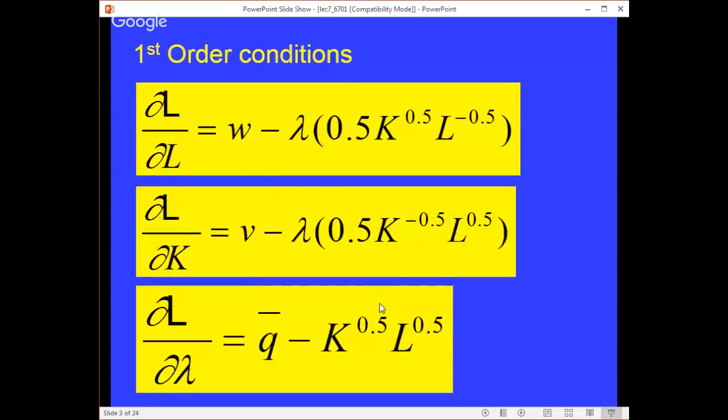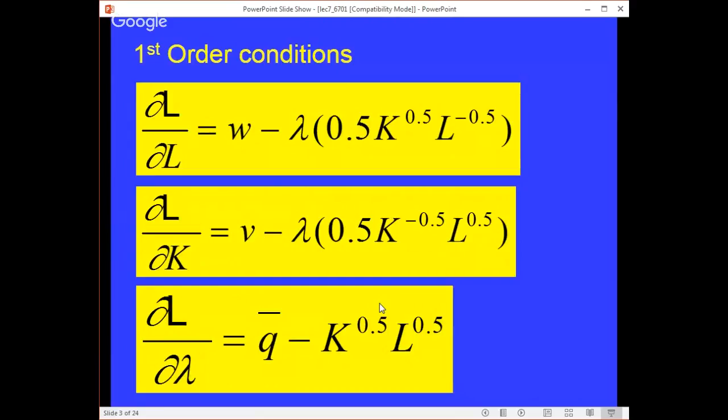So here are the first order conditions. First, the Lagrangian with respect to L, then with respect to K, and then with respect to lambda. The first one was W times L, so we left the W, then V times K, there's no L there, so that's equal to 0. And then, the second part of the constraint, lambda times 0.5, K to the 0.5 times L to the negative 0.5.